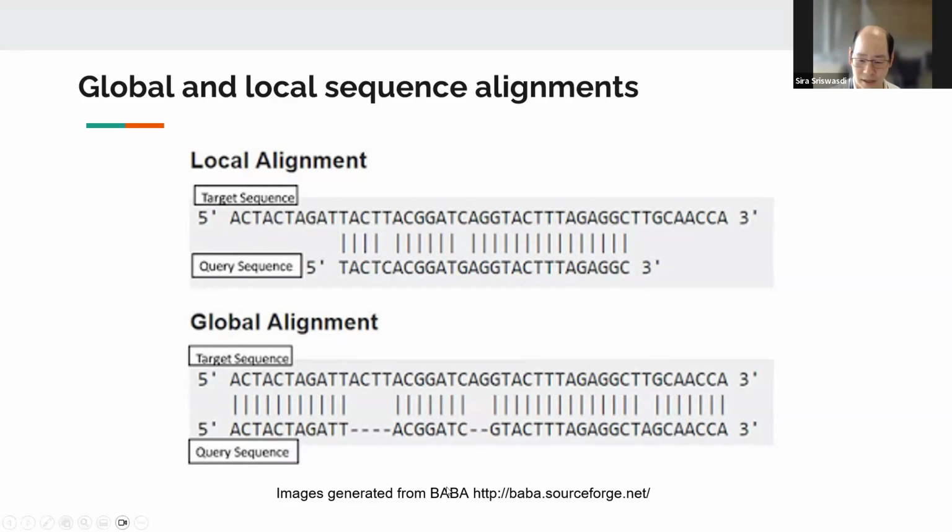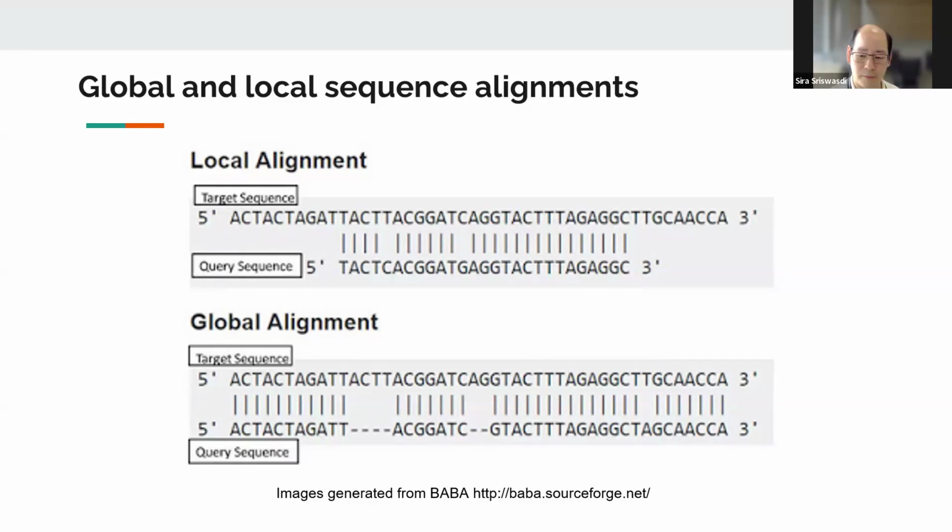So you have your query. What's called a query is what you have in your hand. The target sequence is what's in the database. And the basic question of sequence alignment is, does my sequence appear in the database? Does it exist in the database in some form?